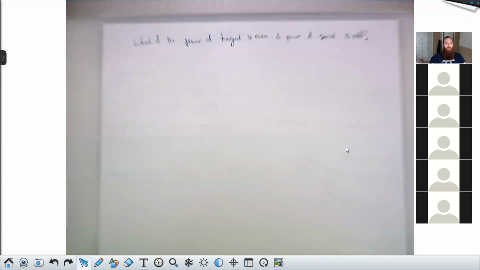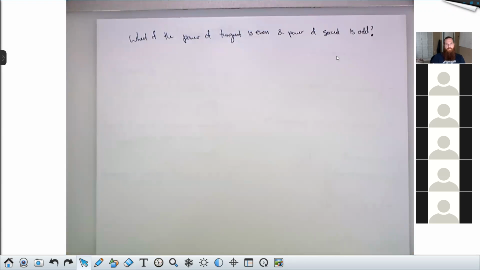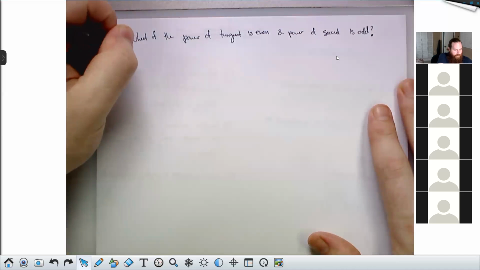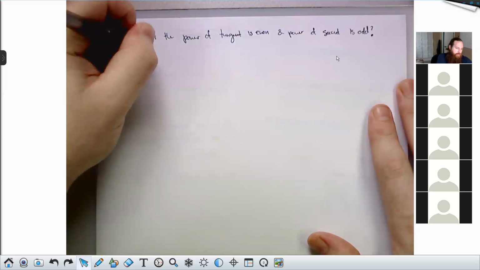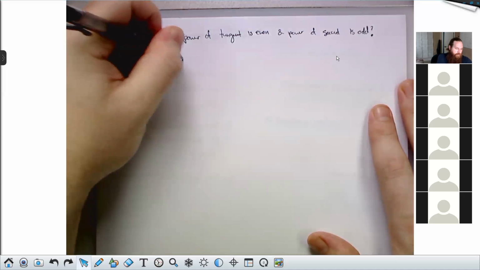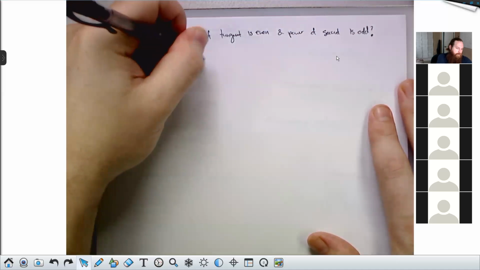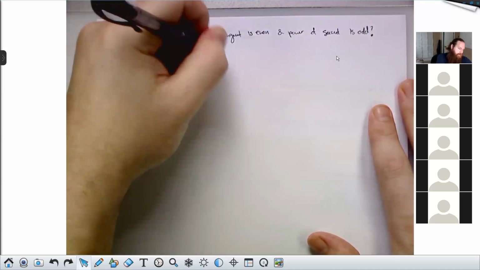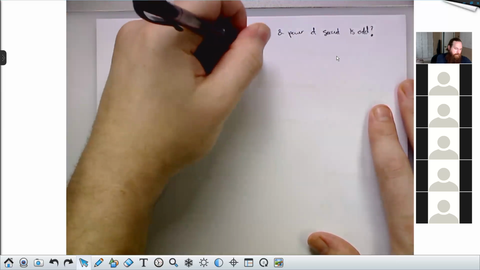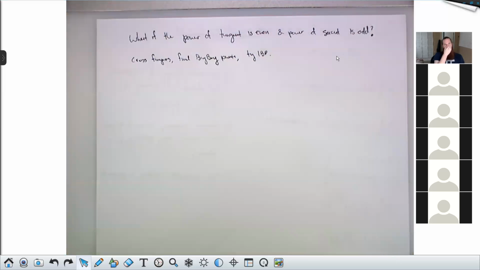What do we do if the power of tangent is even and the power of secant is odd? A few things. Cross your fingers. Put on the big boy pants. And then try some IBP, because these are hard.